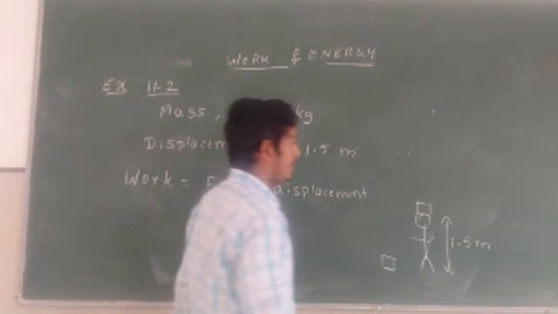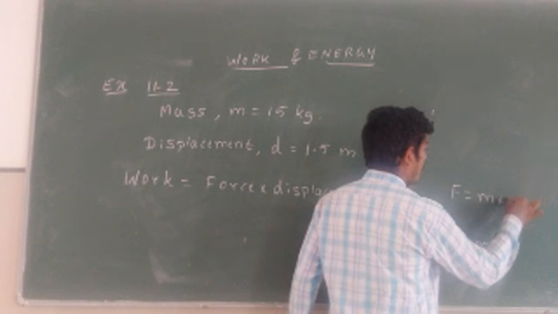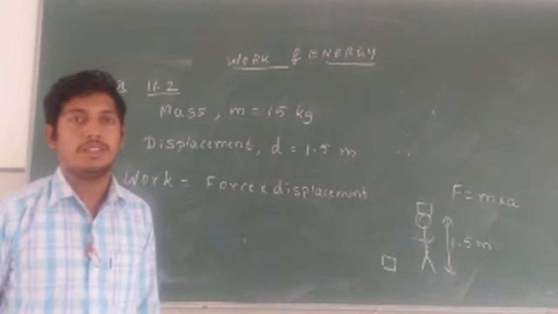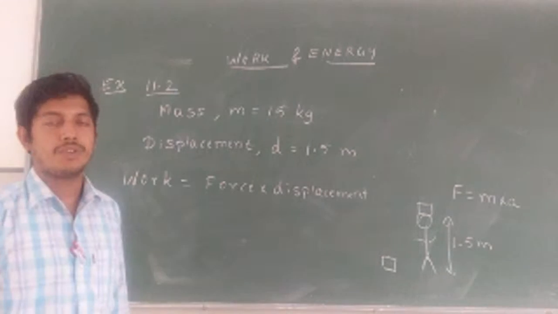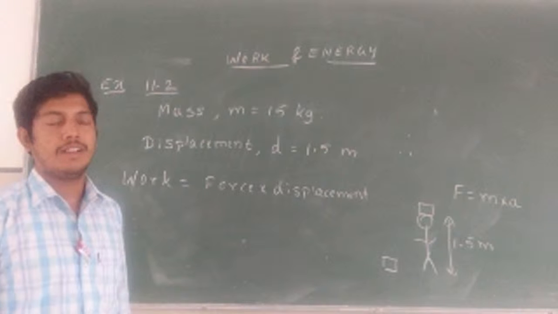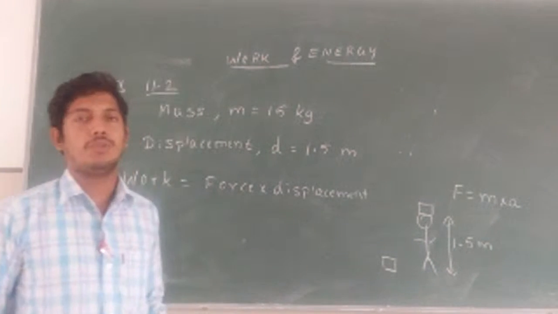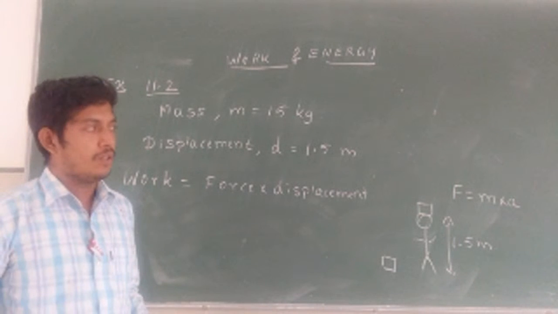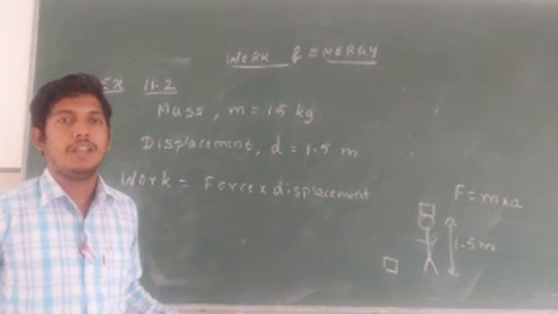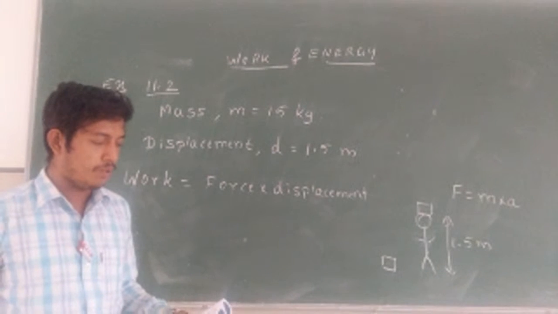Here we know that F equals m a, according to Newton's second law. Acceleration given to a body is directly proportional to the applied force and in the direction of the force, and it is inversely proportional to the mass of the object. By using the two statements, if we derive the expression, we get F equals m into a.